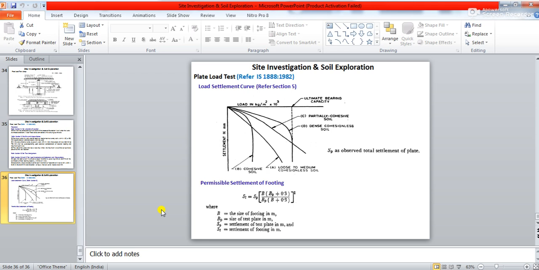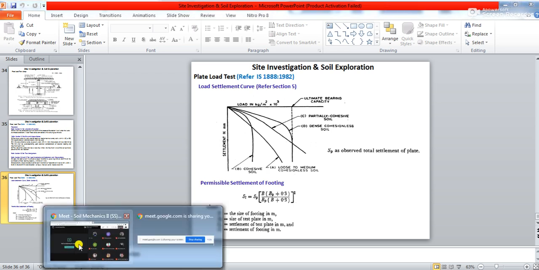So the major characteristics of the soil, that is the shear strength of the soil, the bearing capacity of the soil, the settlement of the soil, all these things can be found out using these two tests. If you can understand the setup of these two tests, you should be able to very easily find out the bearing capacity and settlement of the footing. Okay. So is there any doubt up to this discussion?